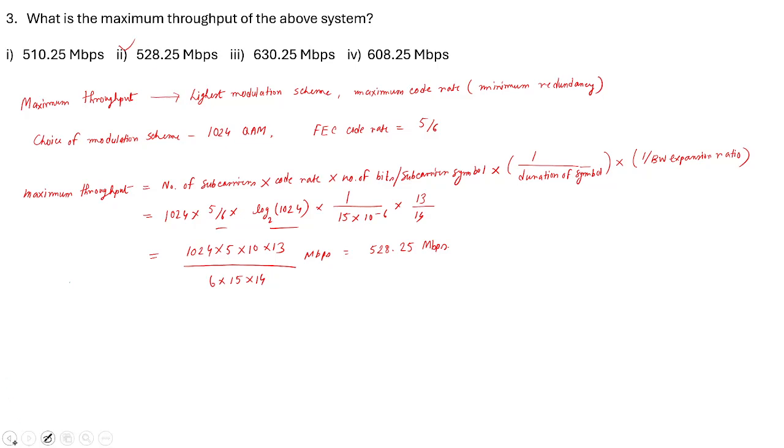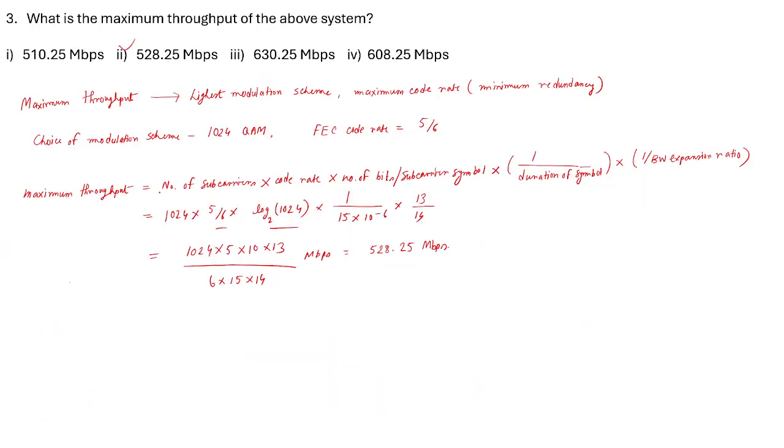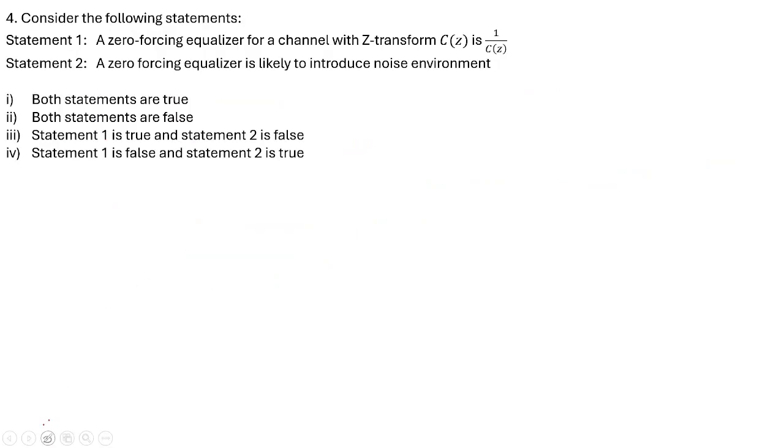Let me check whether I have written it for the previous one. Okay, I have not written it; it's 31.70. So the only difference in the throughput calculation between maximum and minimum is the code rate and the modulation scheme, which directly reflect in the number of bits you are sending per subcarrier symbol. So these two are your only concerns. With that, let us move to our fourth question here.